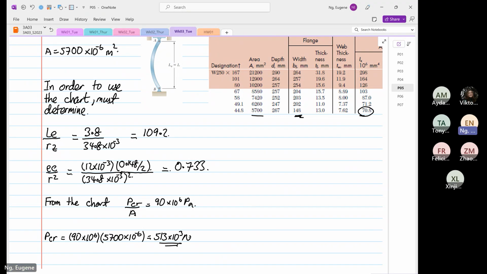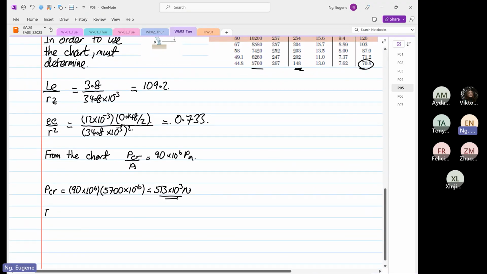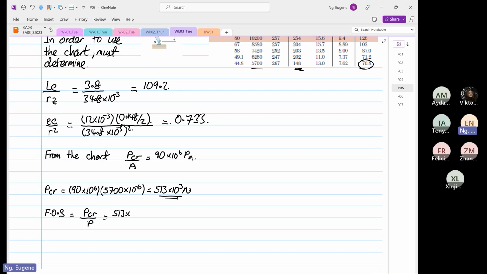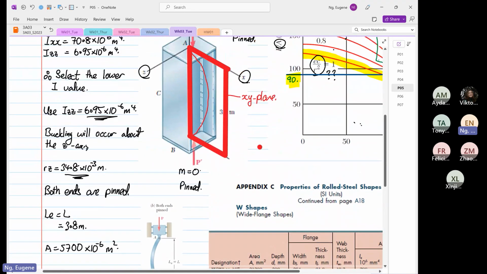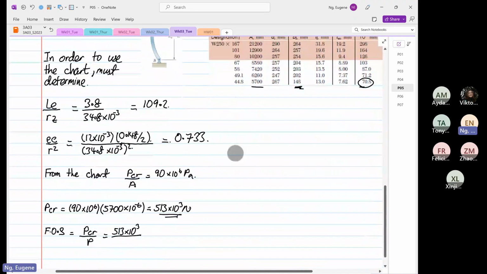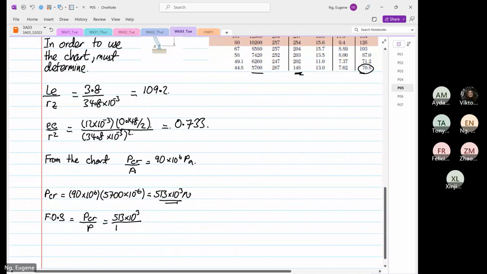So the factor of safety is equal to P critical divided by P, which is 513 times 10 to the power 3 divided by the applied load P of 175 times 10 to the power 3. That is equal to 2.93.